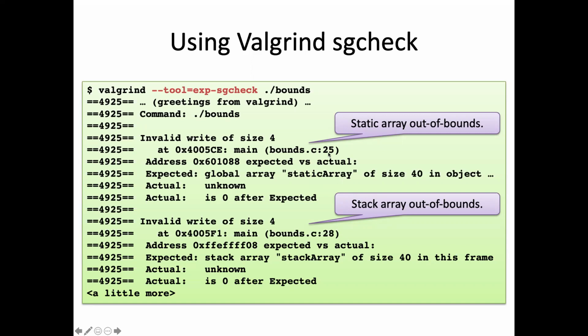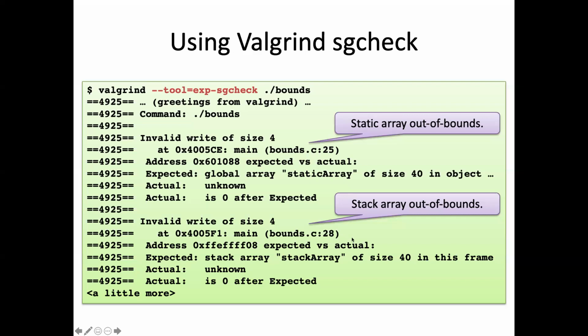It generally only gives one report for each error. So even if I access this out of bounds 1,000 times, I'm just going to get the report for the first time that happens. So just because you only get one report doesn't mean only one error happened during execution. And this next block down here says you wrote 4 bytes past the end of a stack allocated array.